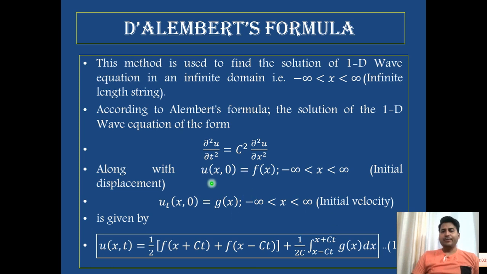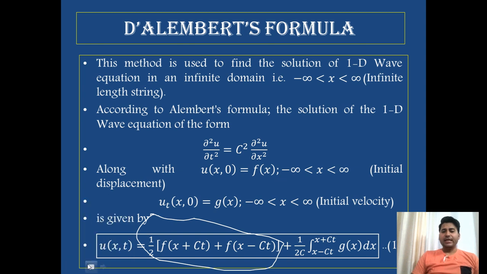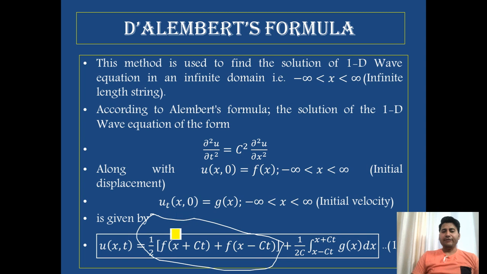Now we have two subcases. Suppose in a problem g(x) is 0, that is, the initial velocity is 0. Then the integral part will be 0, and the solution is taken only from the first part. Once again, suppose f(x) is 0, that is, there is no initial displacement or deflection.